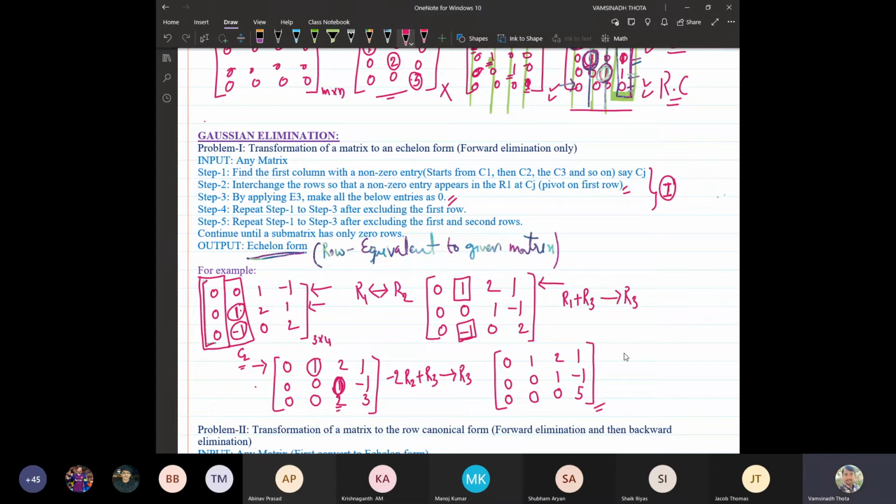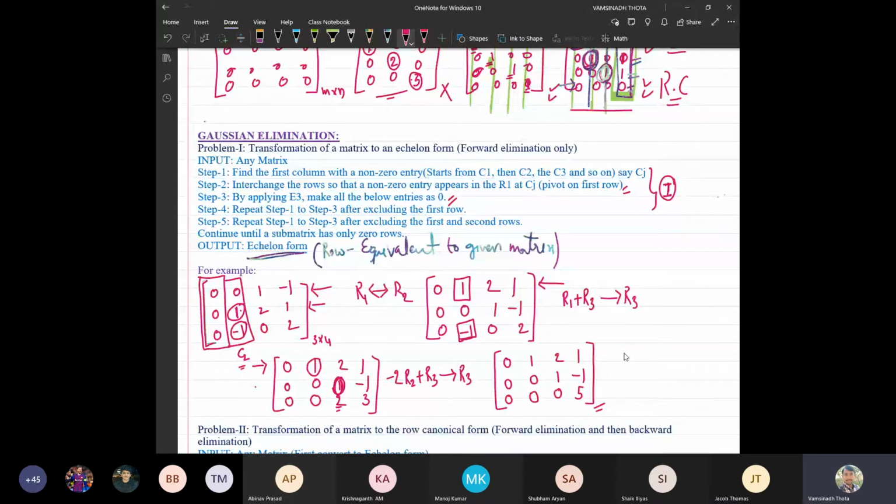So this is in the echelon form. So once we reach the echelon form, we can stop the procedure. There is something called continue until a submatrix has only zero rows. But fortunately, we have reached the end of the matrix from top to bottom.